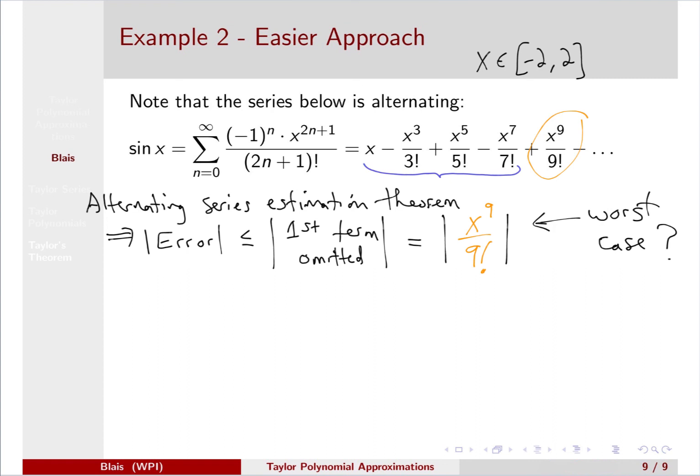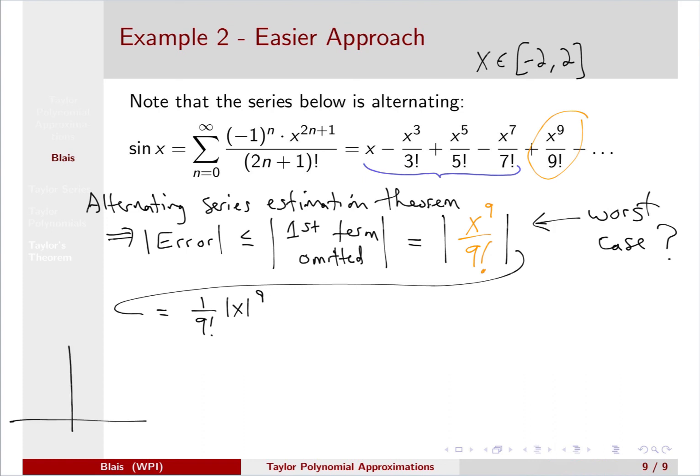So this term, we can write it as 1 over 9 factorial times the absolute value of x to the 9th. And the absolute value of x to the 9th will look like our previous graph.